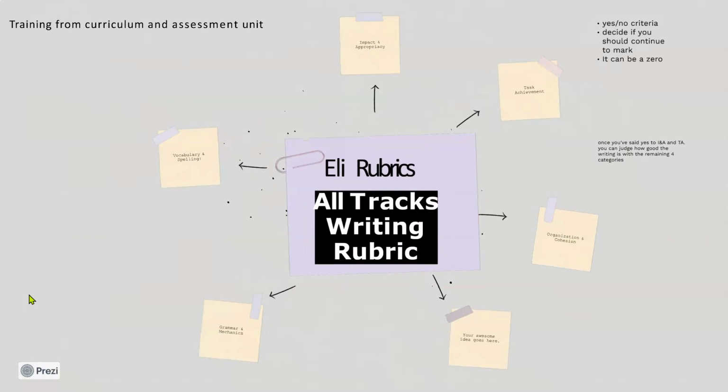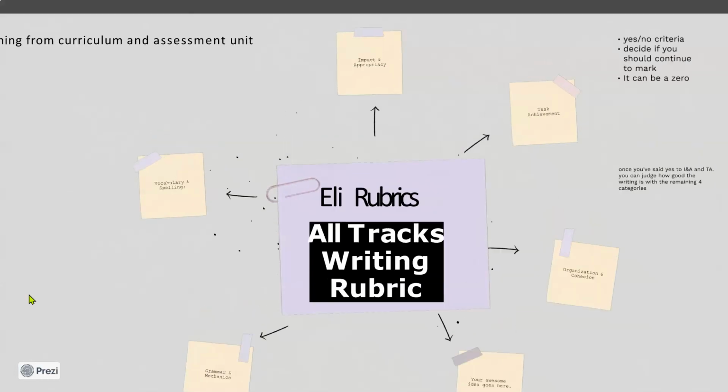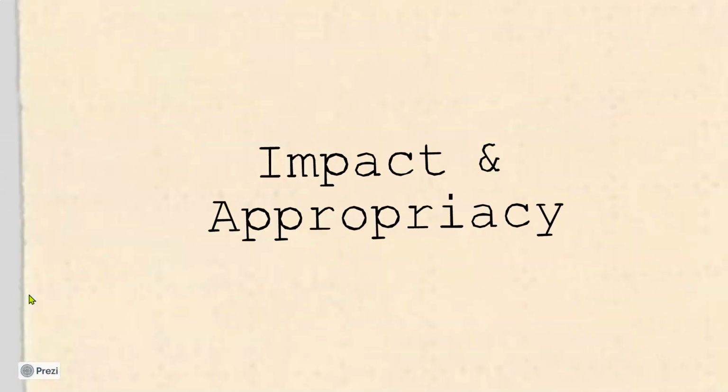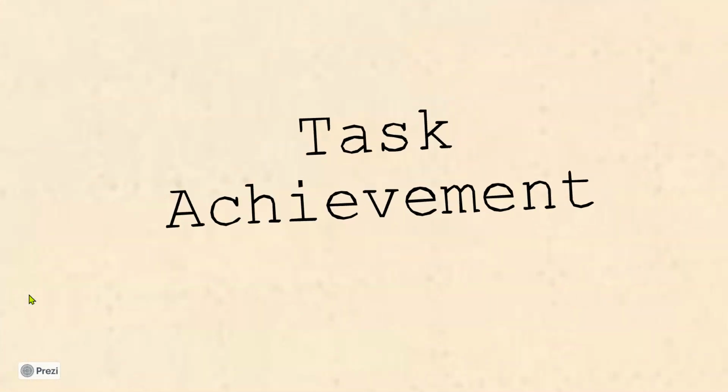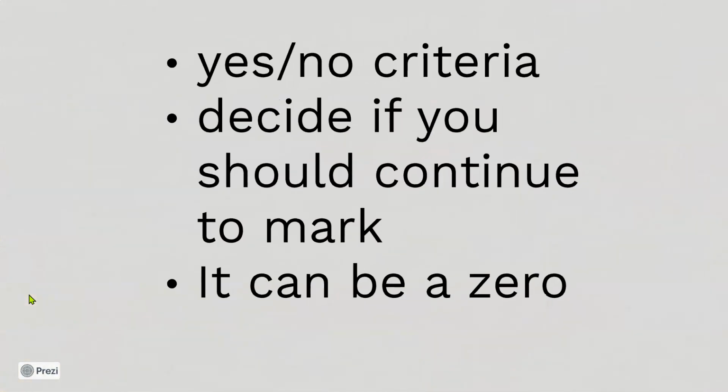So let us introduce you to the ELI All Tracks Writing Rubric. Here are the categories involved: impact and appropriacy, and task achievement. These two are very important. They are yes/no categories. So when you first receive a piece of writing, you will decide on impact and appropriacy and task achievement.